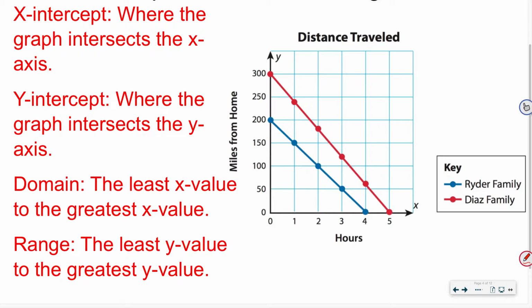And the range is the least y value to the greatest y value. We'll talk about how to find those numbers and what they represent in context after we have those 3 definitions written down. Now, after you write the 3 definitions down, take a look at the graph and see if you could find the values that represent the x-intercept, the y-intercept, the domain, and the range. Because after you have these definitions, we're going to look at the graph and the tables to find those values.